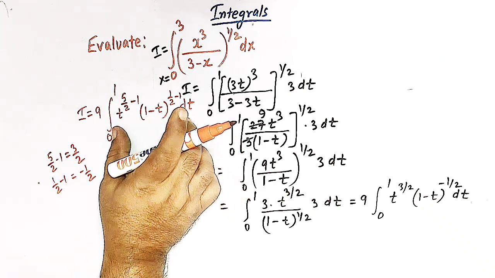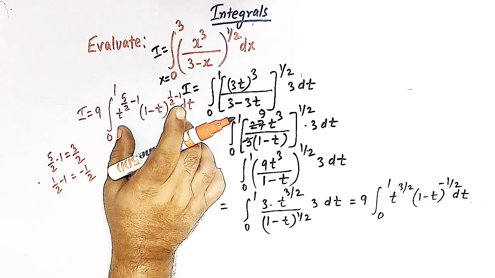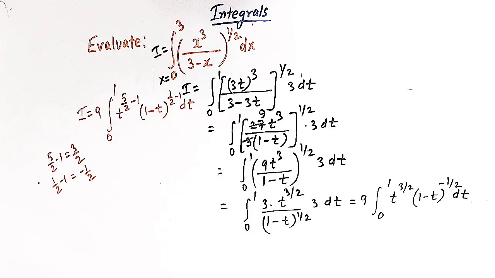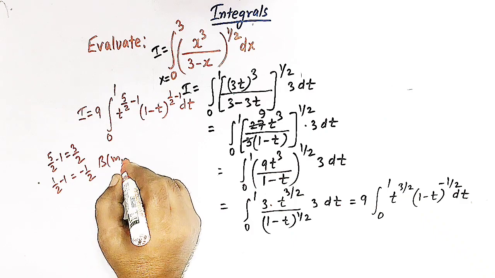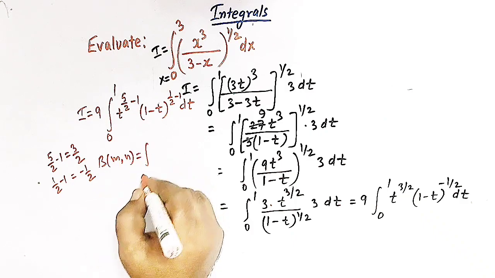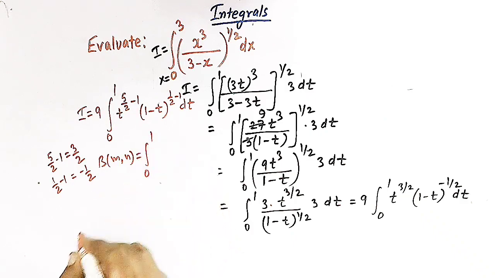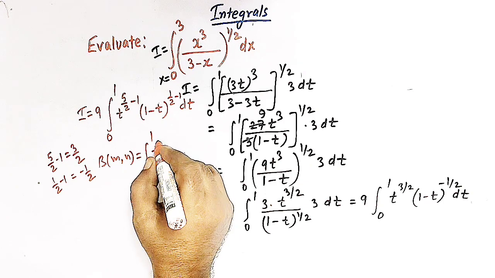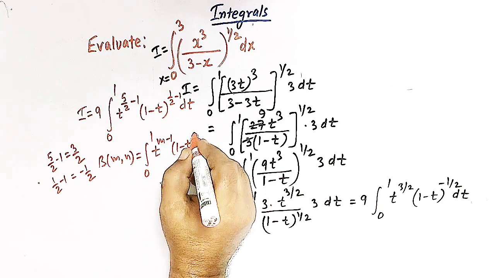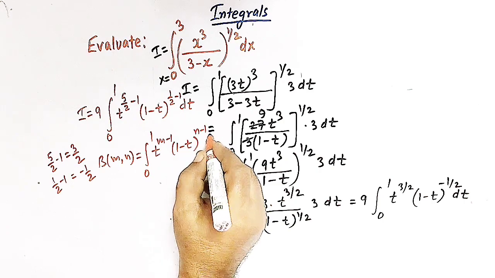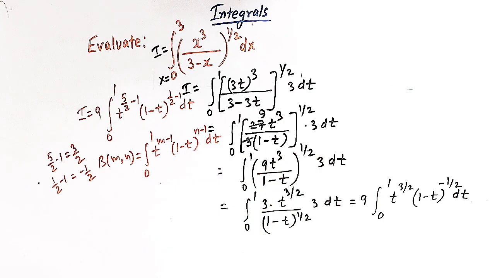So now this integral is similar to the beta function, that is beta m comma n is defined as the integral 0 to 1, we have t raised to m minus 1, and here we have 1 minus t raised to n minus 1, and here we have dt, right?